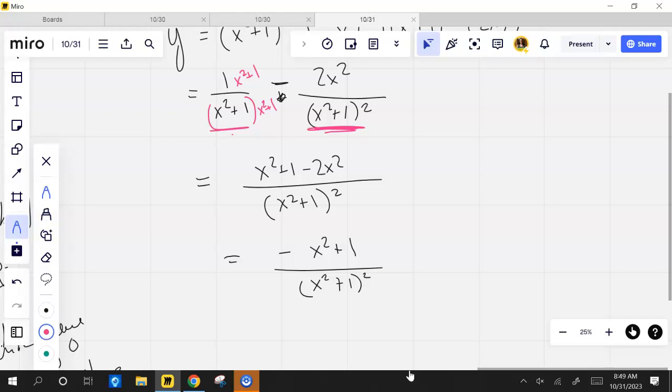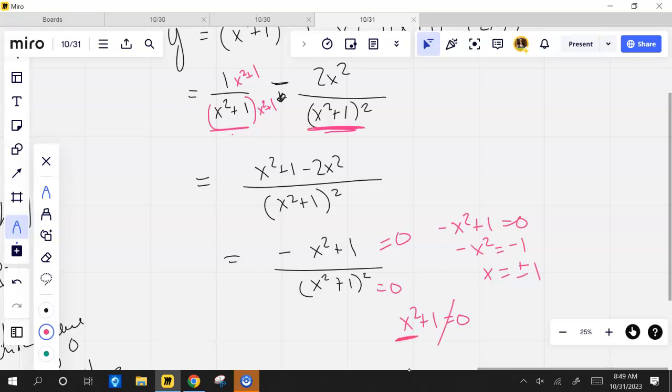Now set everything to 0. So this to 0, that would give me my stationary points. This to 0 would give me my critical non-stationary points. That's never going to equal 0, because in order for that to be 0, this would have to be negative 1.